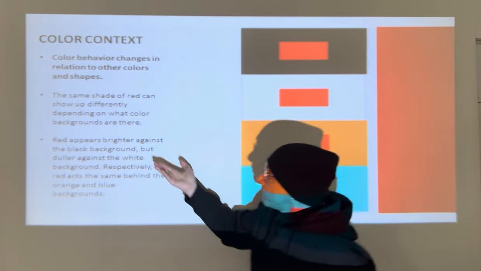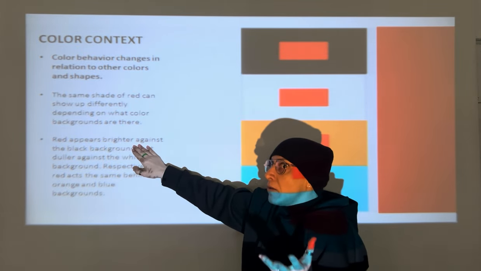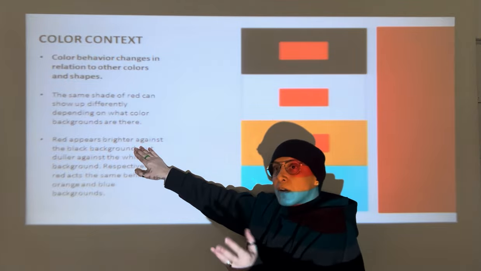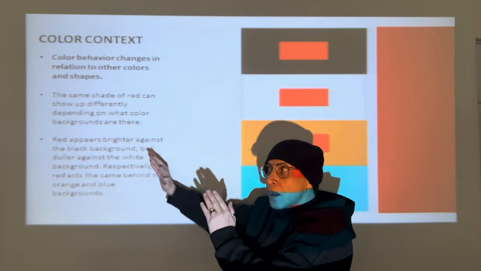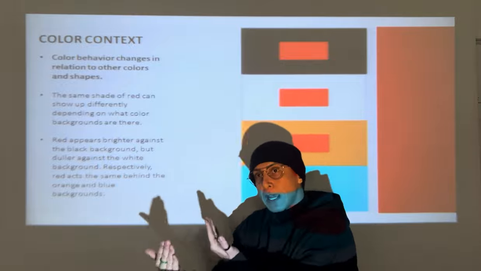So sometimes the color can appear brighter or darker or look in a different way, as if it's another color, just by what other colors you combine with it, next to it, behind it, okay?